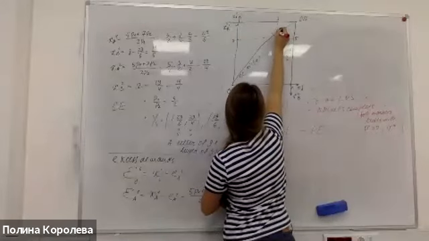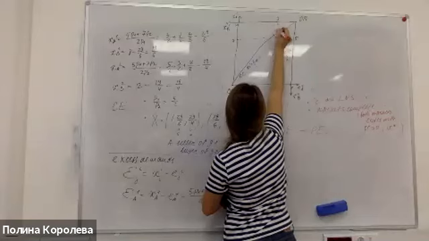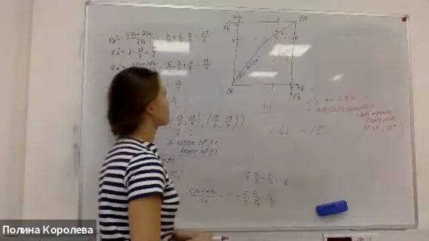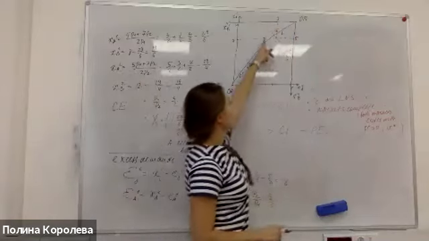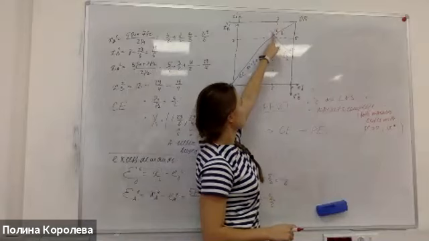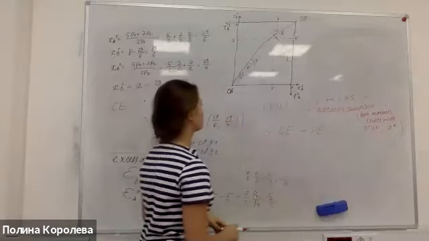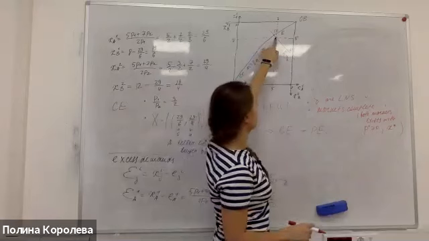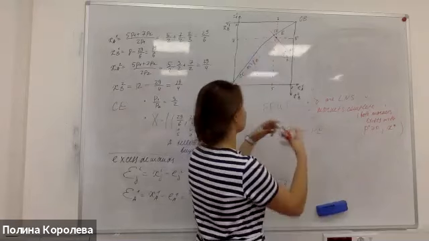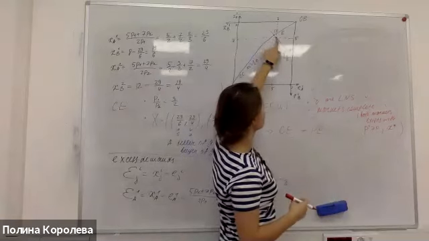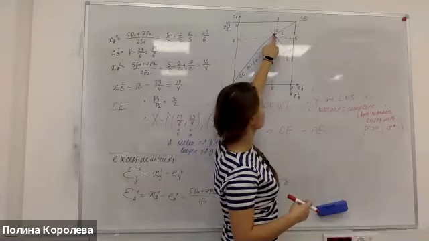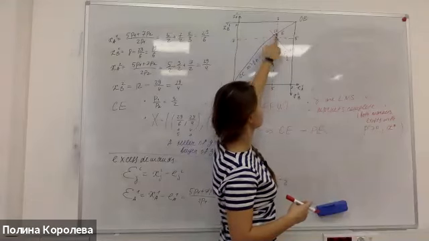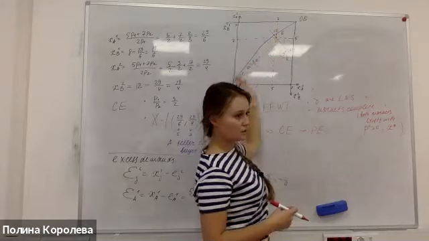This is the competitive equilibrium point. By trading, we move from this endowment point with such prices to this competitive equilibrium point, and it is definitely a Pareto efficient point. It lies on the contract curve.